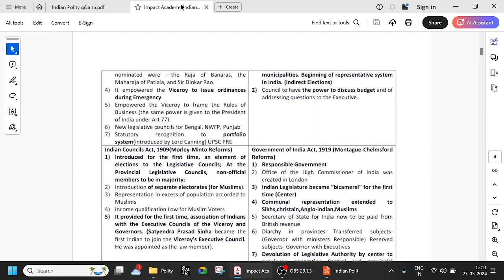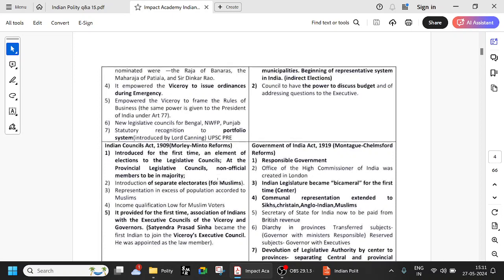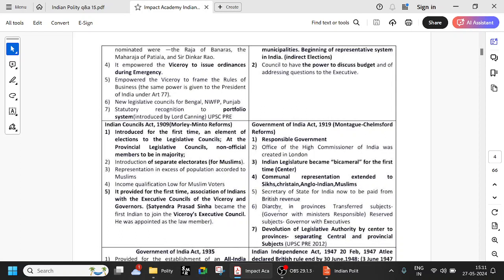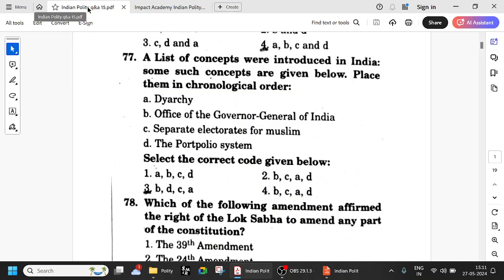Indian Councils Act of 1909, Parliamentary reforms, is a separate electorate for Muslims. So this is 1909 and 1919. Diarchy is introduced for the first time in provinces. So by knowing these things, we are able to put some order.